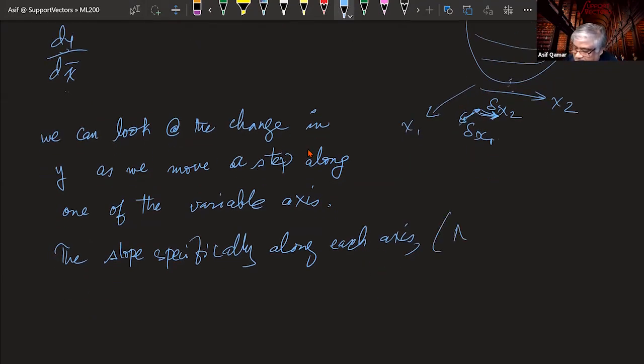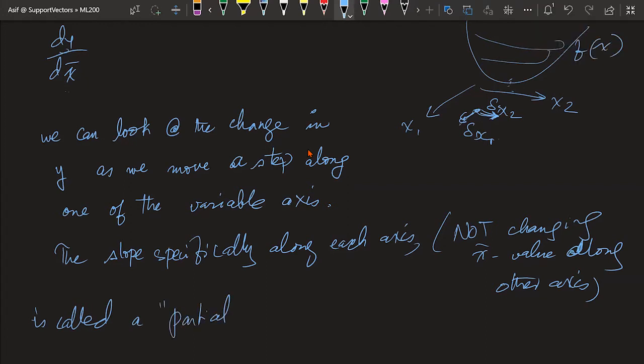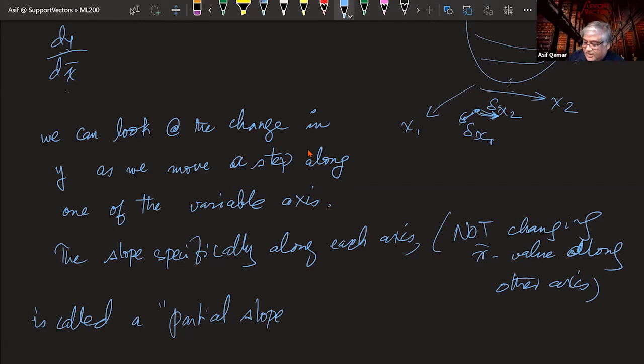That's an important criterion: not changing the x value along the other axis. It's a partial slope, a partial derivative. It's just a slope if I just change x1, so how much the value changes.